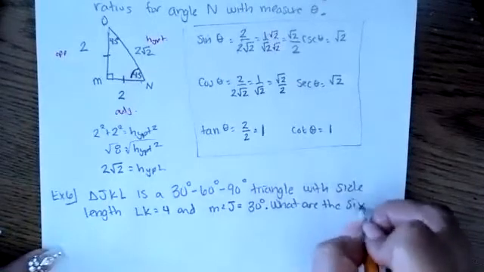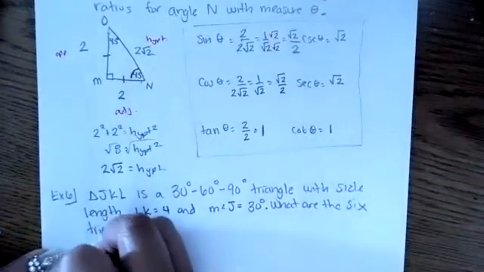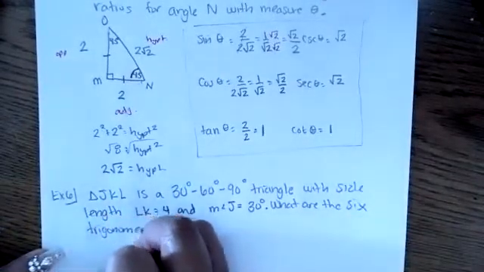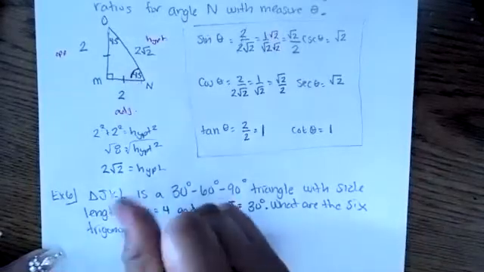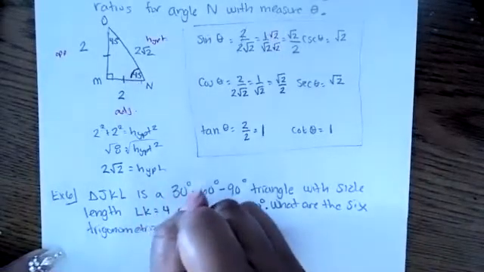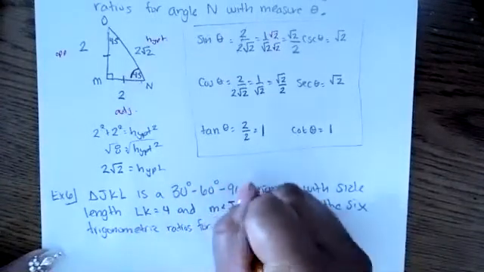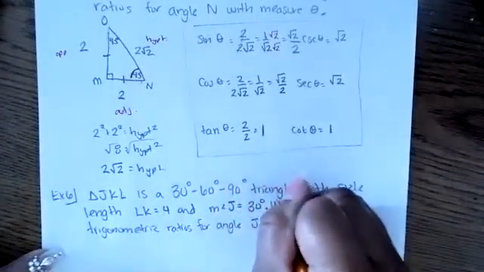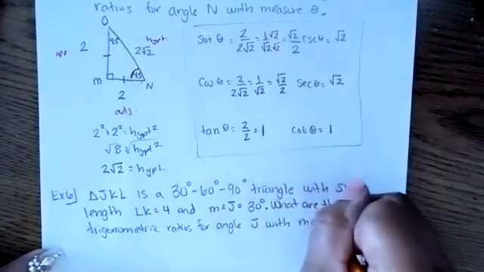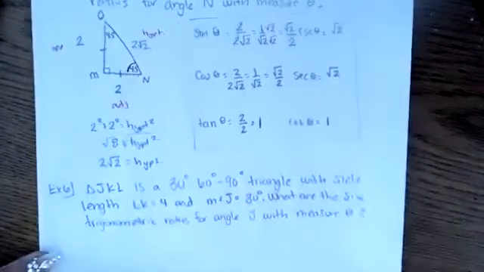What are the 6 trigonometric ratios for angle J with measure theta?